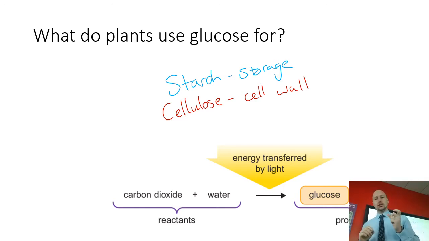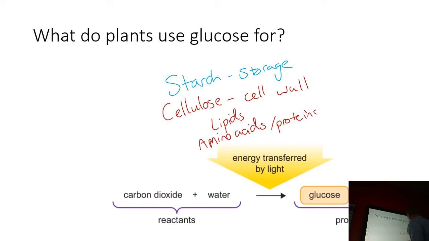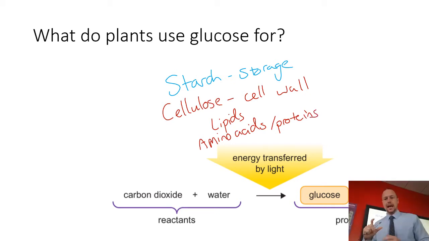The glycerol bit is made from glucose. So lipids, and also some amino acids and proteins. So it can make important different chemicals from glucose.